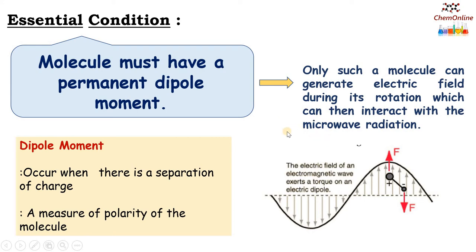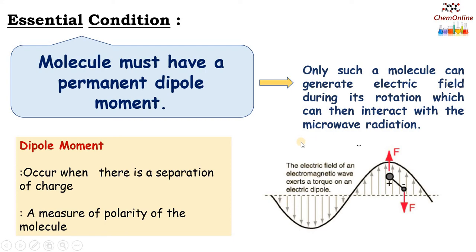Microwave radiation is an electromagnetic radiation consisting of both electric and magnetic fields. So the oscillating dipole generates an electric field which interacts with the electric component of the microwave radiation, and the molecule will absorb microwave radiation, and that absorption of energy induces transitions between the rotational energy levels and produces a rotational spectrum.